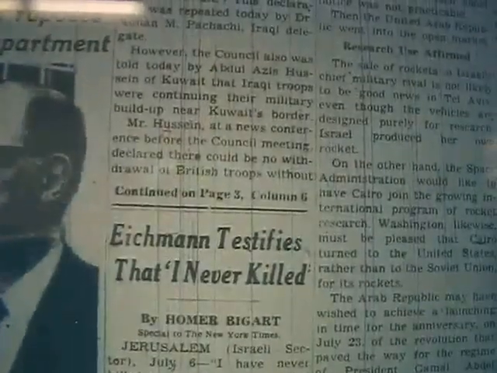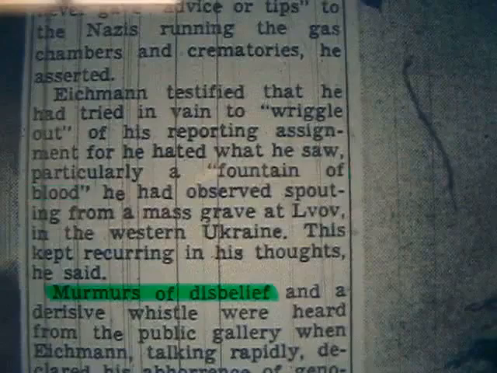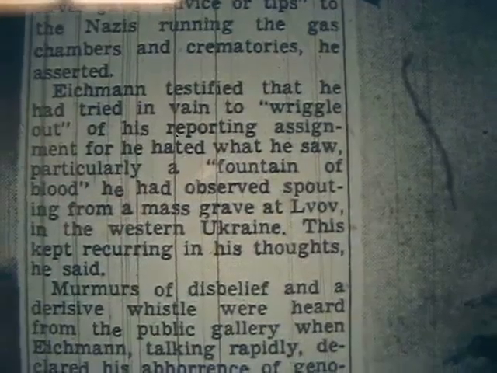On the front page of the New York Times the next day, there was an article which mentioned Eichmann seeing the fountain of blood. Down here we see murmurs of disbelief, but that's not regarding the fountain of blood.